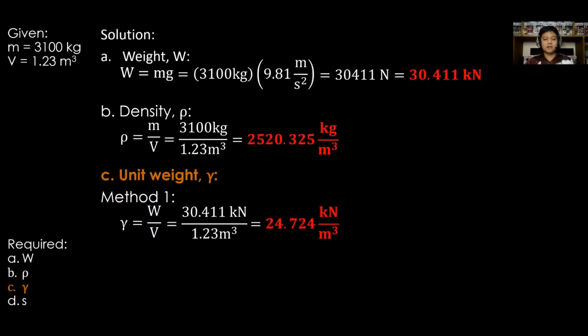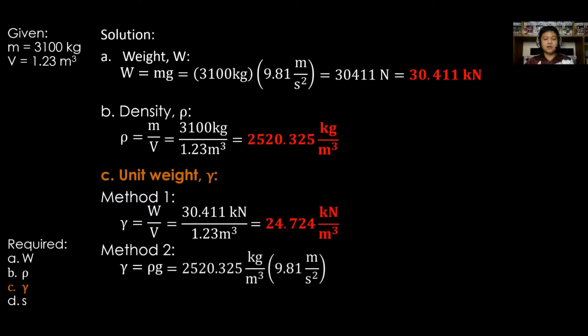cubic meter. On the other hand, for our method number 2, we will consider the relationship of gamma and rho. That is, gamma is equal to rho times G. And rho from letter B requirement is 2,520.325 kilograms per cubic meter, multiplied by G, that is 9.81 meters per square second.